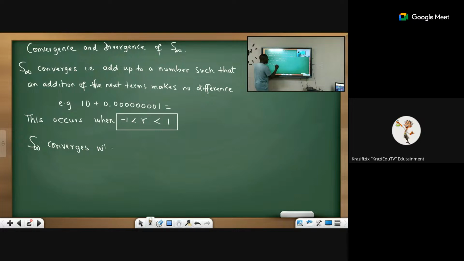When r, and that's the condition, so every time we get r to be that, it will converge. Otherwise, it will diverge, which means it becomes bigger and bigger.